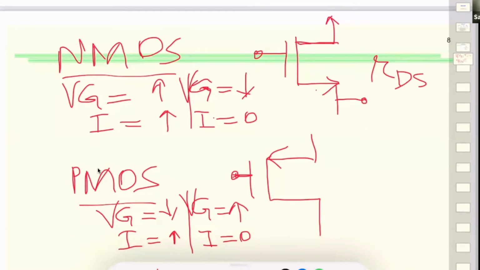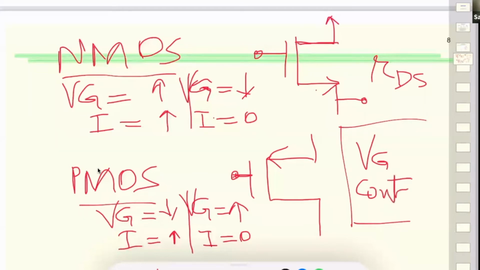Now, when we see this, we can see that the gate voltage is what is being used as the controlling node. Right?